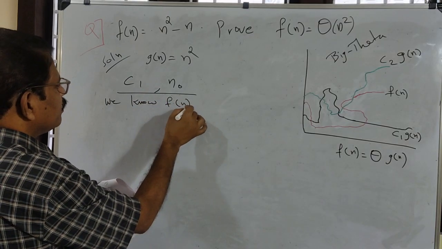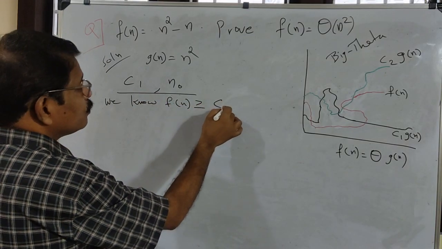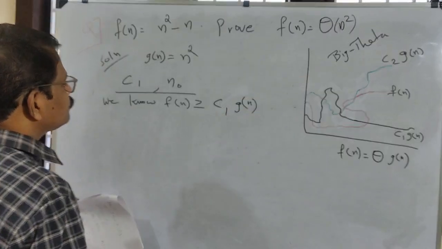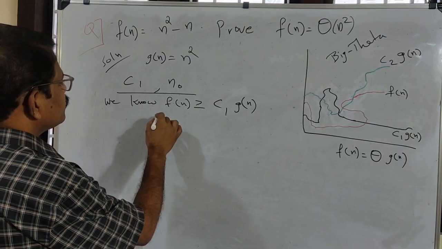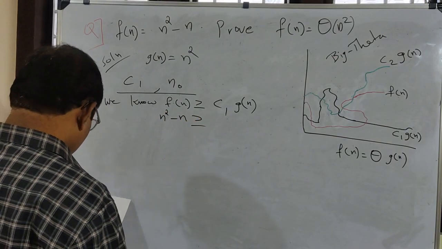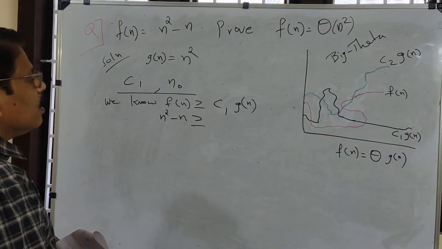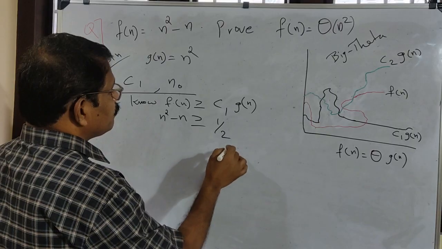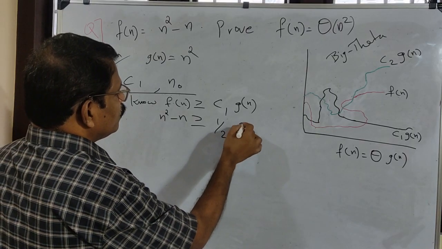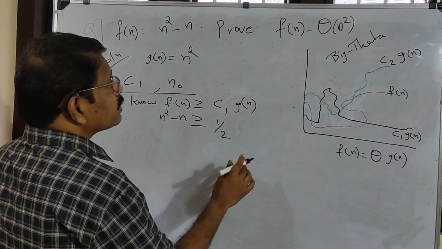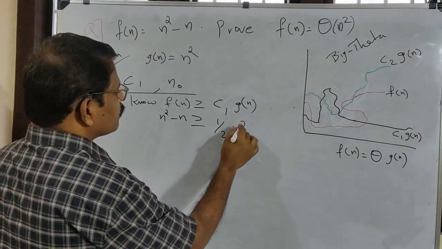F of n is greater than or equal to c1 into g of n. Our f of n is n square minus n. It is greater than or equal to, let us take c1 is equal to 1 by 2, of g of n, where g of n is n square.